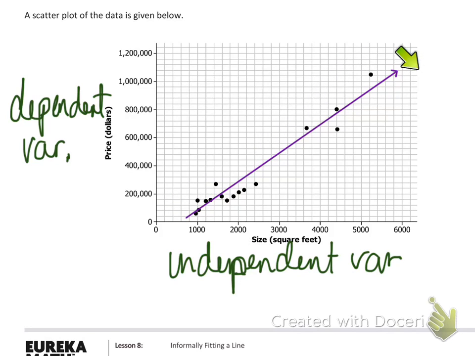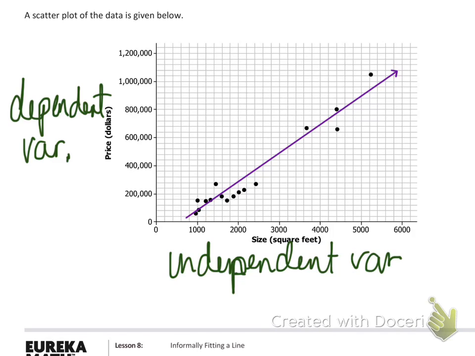So by considering all the data together, I'm going to get better estimates for different values of the independent variable. In this case, remember, this was size of the house and price. So by drawing the line to best fit all the points, we're going to be able to make better predictions overall. Of course, it's only as good as the data that we started with, but the line gives us more to go on than just a couple points.